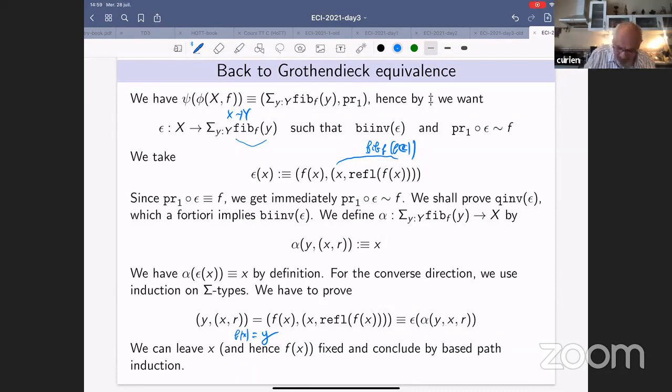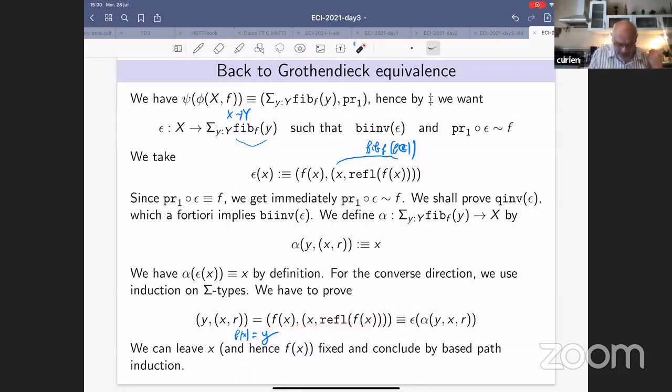Okay, so this guy here is fixed, but this Y varies and this R varies, and we are in the situation of based path induction. So this Y varies, and we can take it to coincide with f of X, and we can take R to be the reflexivity. So we need to check this only in the case where R is reflexivity and Y is f of X. But it is exactly what is written here.